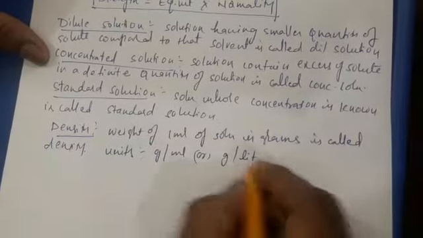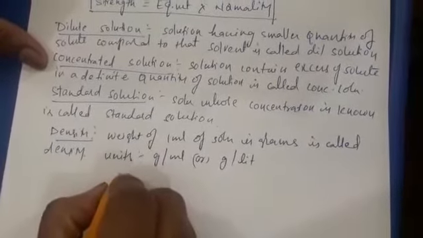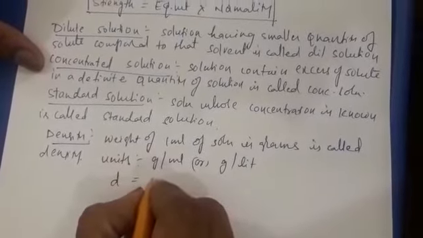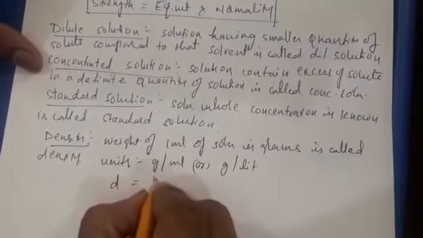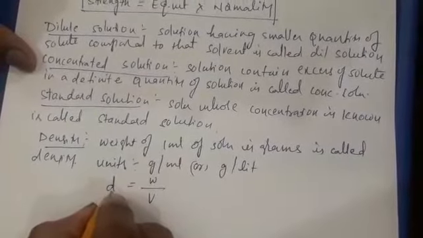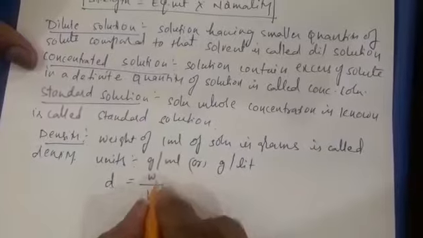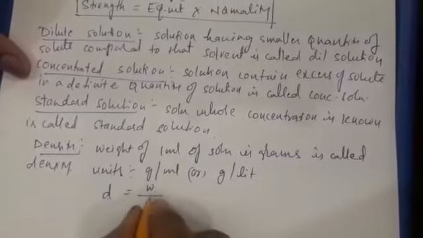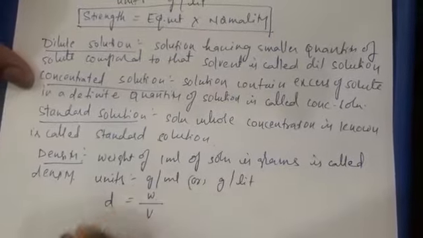So, the density formula: density is equal to mass by volume, that is weight by volume. D is density, W is weight and V is volume. From this we can calculate weight.